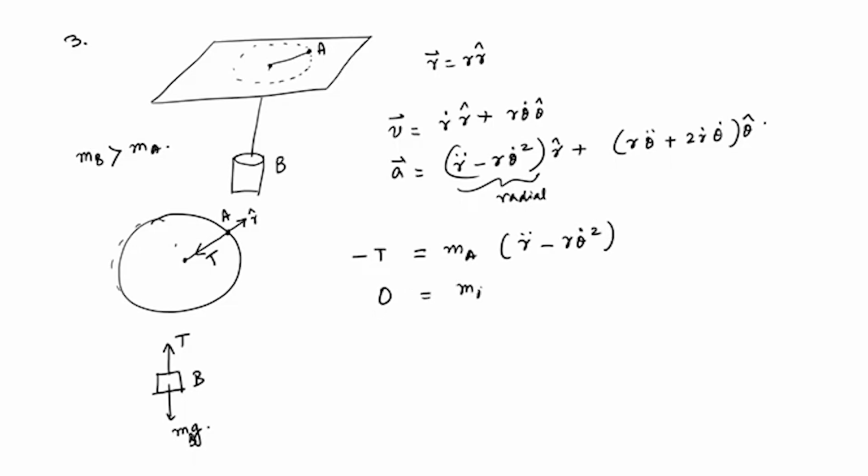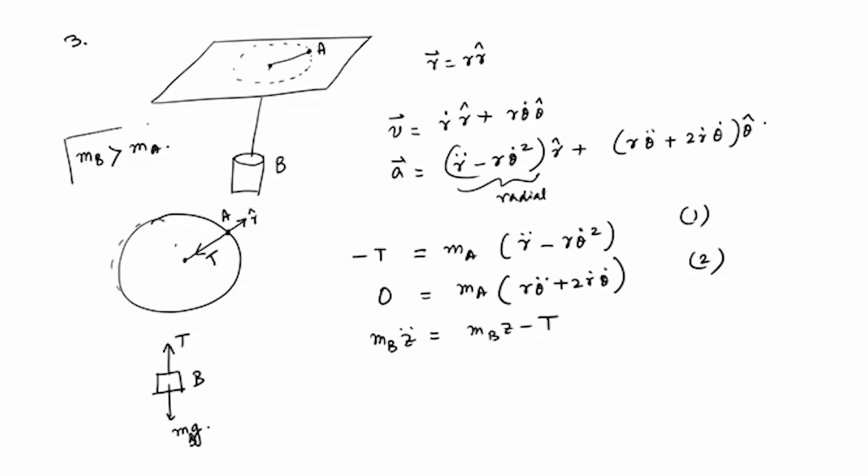So, m_A (r theta double dot plus 2 r dot theta dot) is equal to 0. This is equation 1 and this is equation 2, and m_B z double dot is equal to m_B g minus T, because we have committed ourselves to m_B greater than m_A. This is g, the acceleration due to gravity.